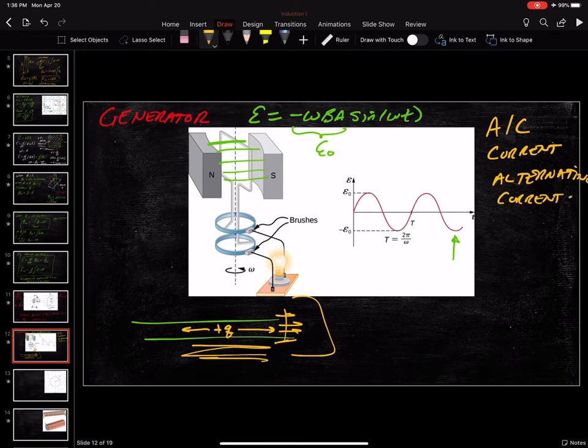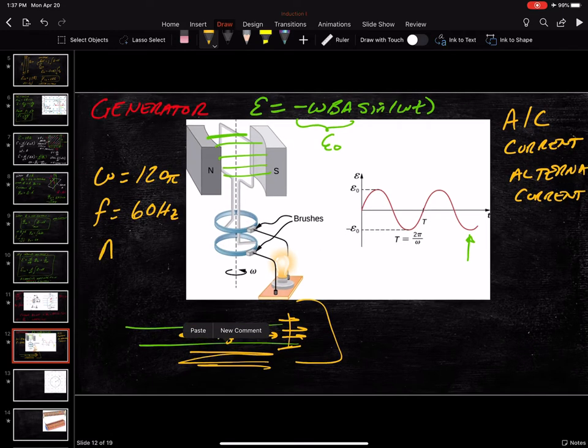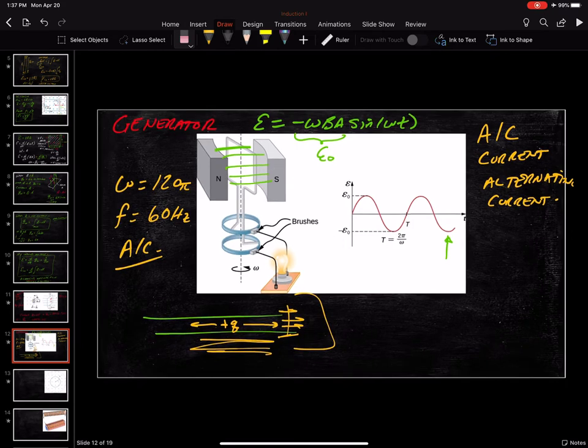And if you choose the omega to be 120 pi, so that in other words your frequency is 60 hertz, because omega is 2 pi times the frequency, then you've got standard American AC current. I think in Europe it's 50 hertz and so on. And there was a big debate way back in the early days between Tesla and Westinghouse and Edison about DC current versus AC current.